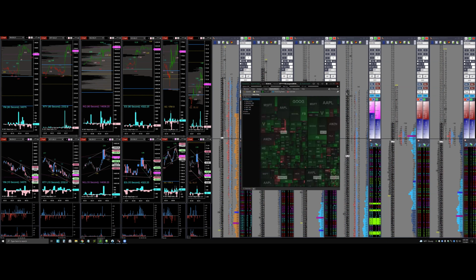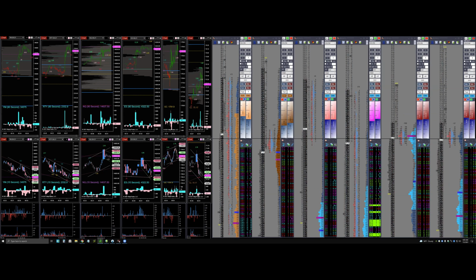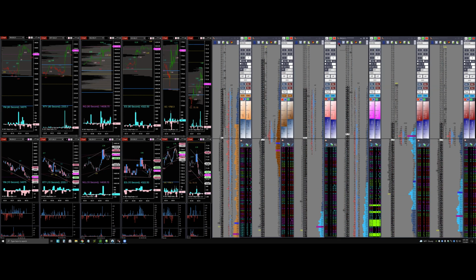The other reason is that money tends to move around in the markets. Capital flows into and out of things in correlated waves. So when money's flowing into equities, it will flow into the different equity futures based on their risk profiles.